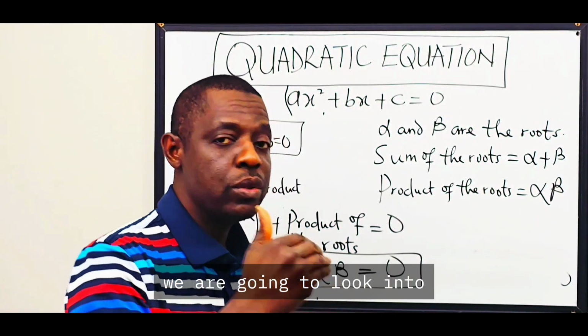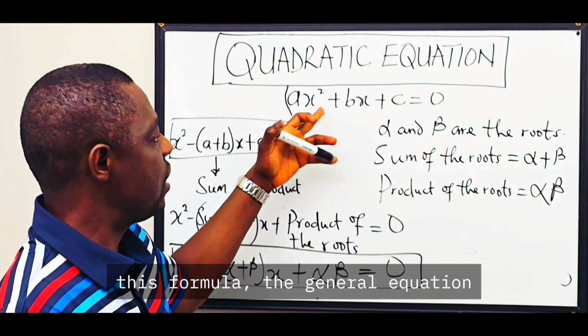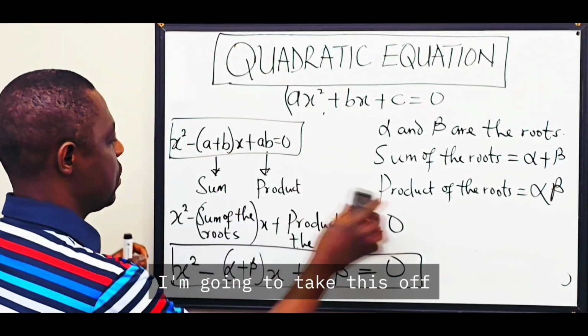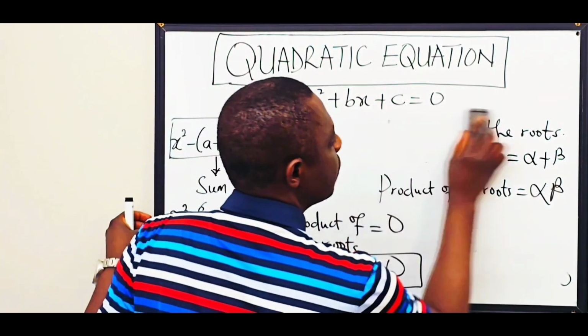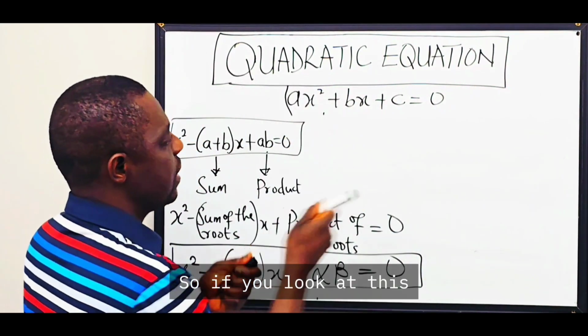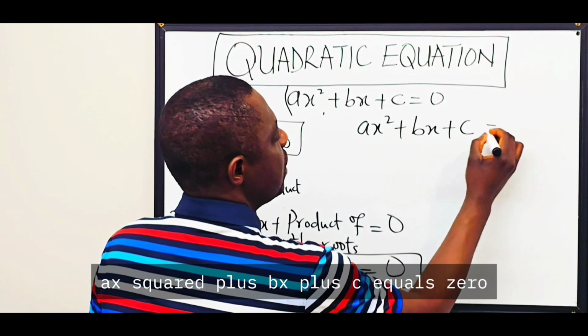Now, we are going to look into this formula, the general equation. We're going to look into that and see what that can also give us. So if you look at this, ax squared plus bx plus c equals 0.